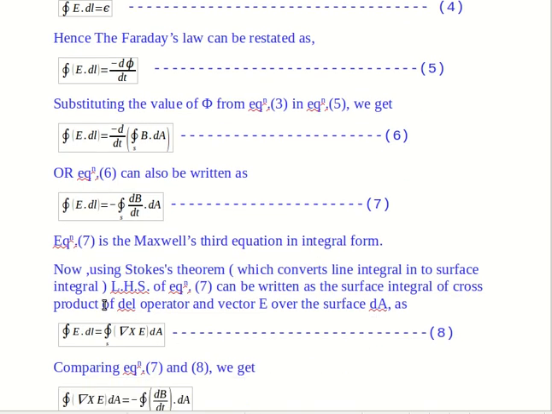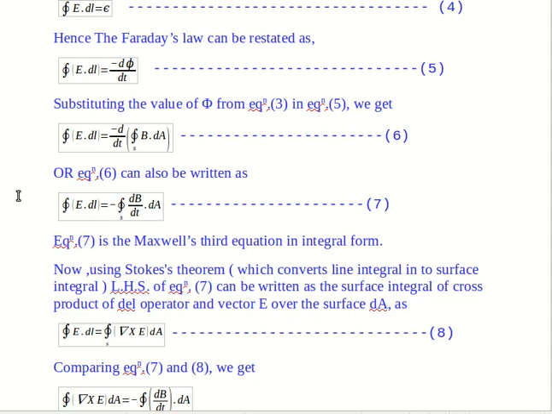Now using Stokes theorem, note that already we have studied the Stokes theorem. What is that? The theorem is used to convert line integral into surface integral. That means here in equation 7, left hand side is the line integral, so we will try to convert it into the surface integral. So how? LHS of equation 7 can be written as the surface integral of cross product of del operator and vector E over the surface dA.